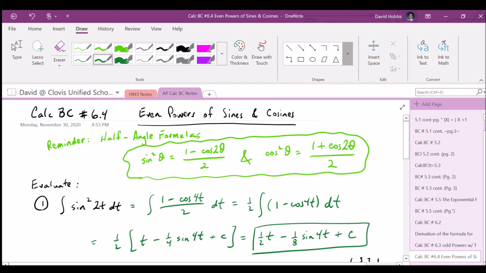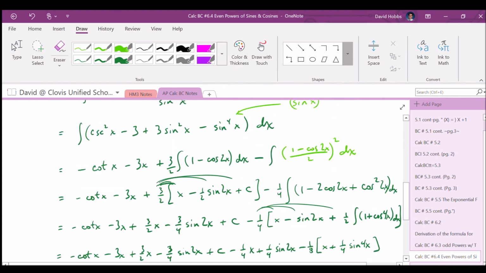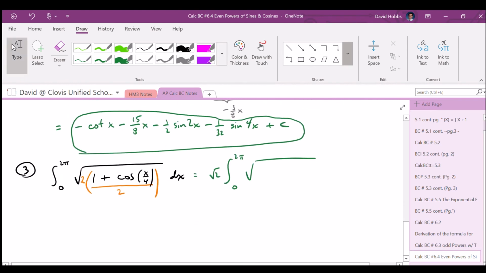So I'm going from 2 theta to 1 theta, and we have to keep track of which way we're going here. So now there's my root 2 out front. So 1 plus cosine of 2 theta over 2 becomes cosine squared.